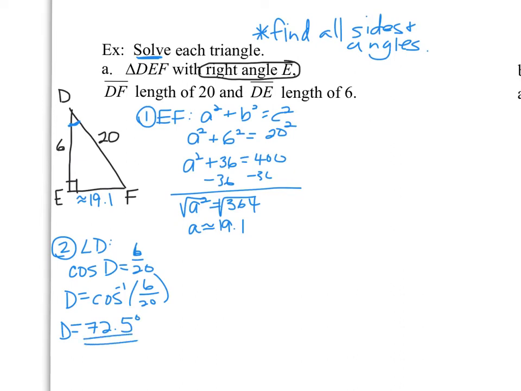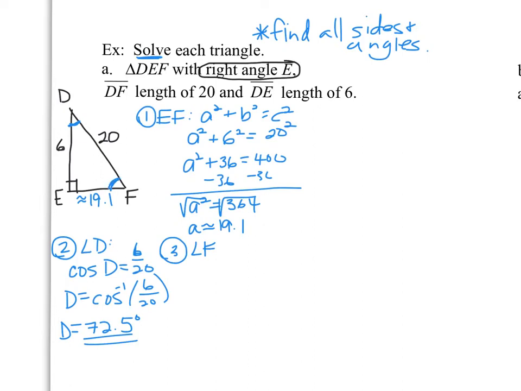And now our third angle measure. You could take this angle and add it with 90 and subtract from 180. However, if for some reason angle D was incorrect, angle F would also be incorrect. I always like to keep inverse Sohcahtoa just in case one of my answers is wrong, then we know that both of them would not be wrong. To get angle F, I'm now going to look at this as my reference angle, my theta location.